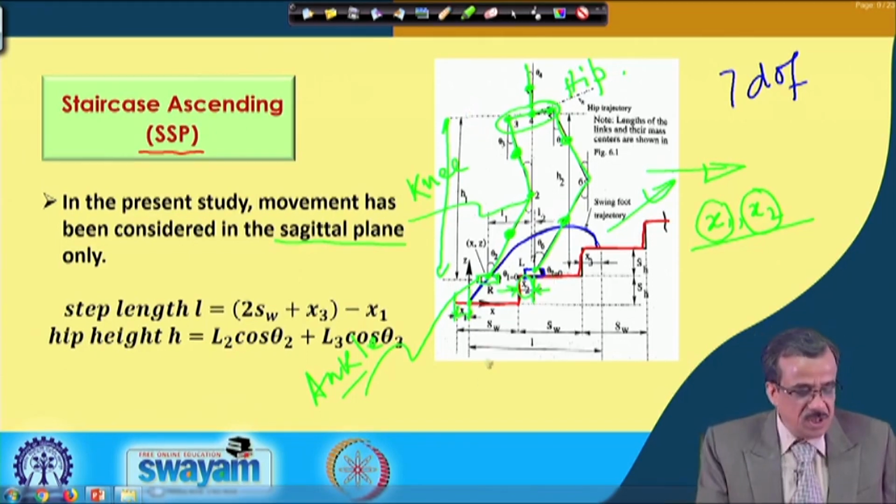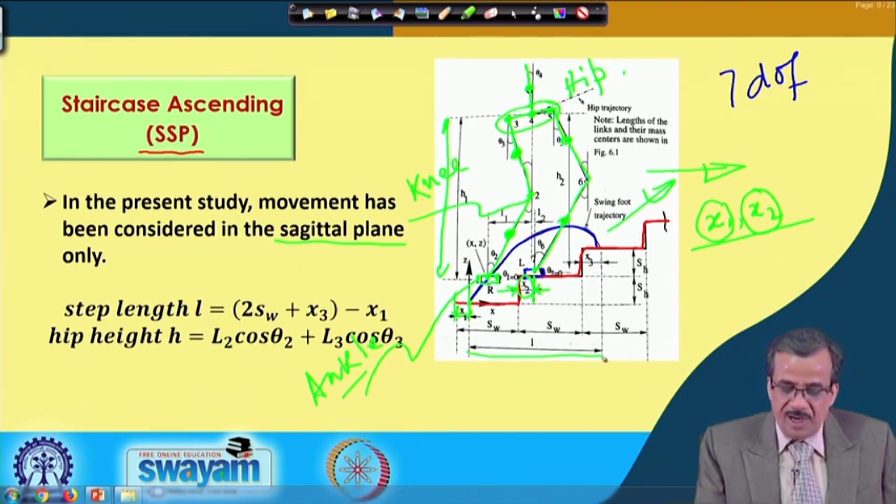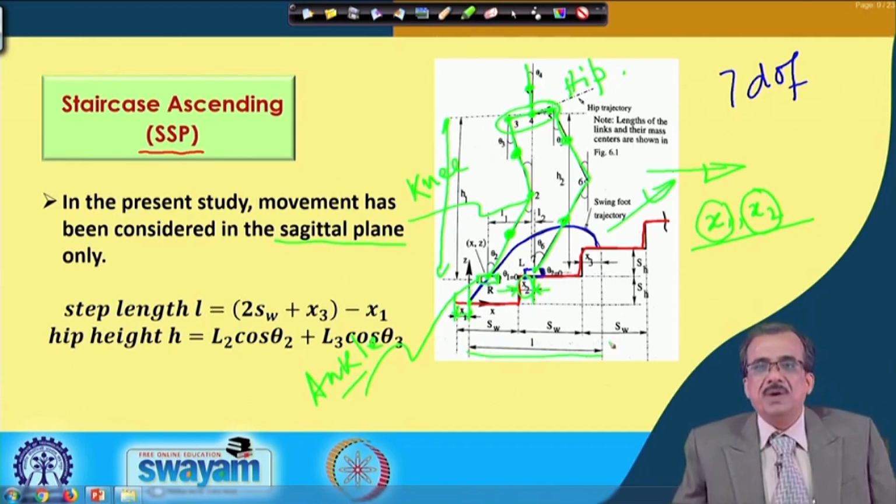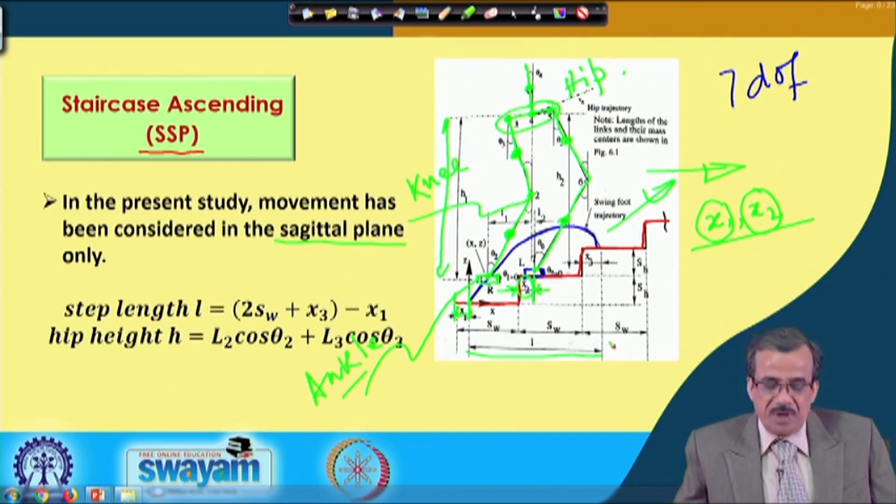Another thing is the step length. While walking, what should be my step length? For an old person the step length could be less, for a young person the step length could be more.